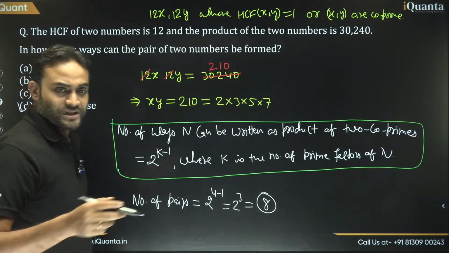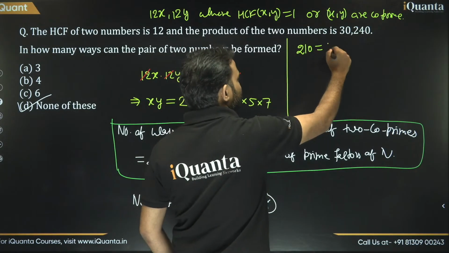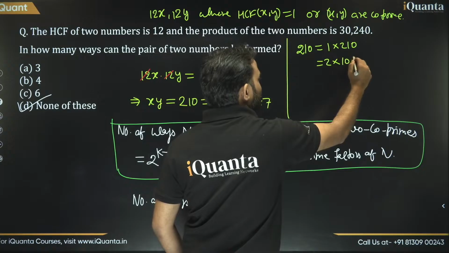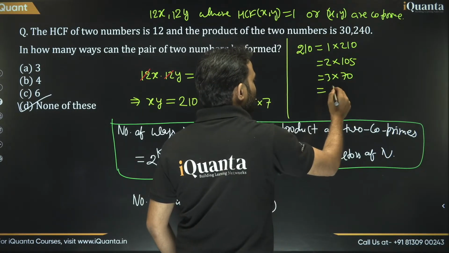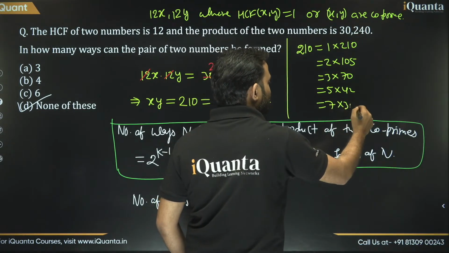If you don't know this, then you will have to do it like this. 210 is equal to 1 into 210, 2 into 105, 3 into 70, 5 into 42, 7 into 30.